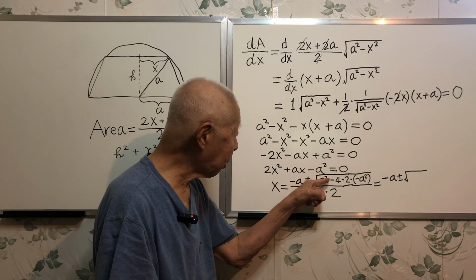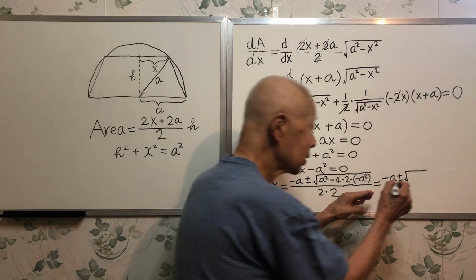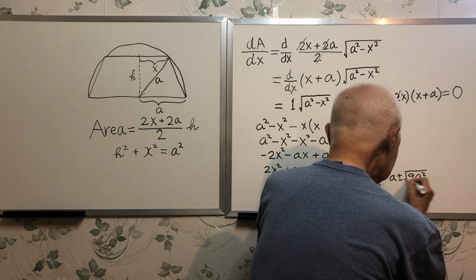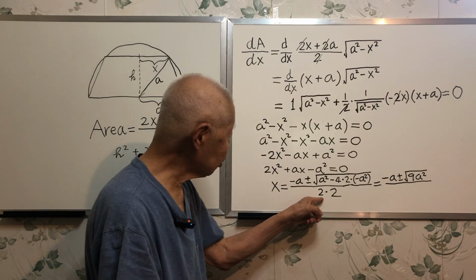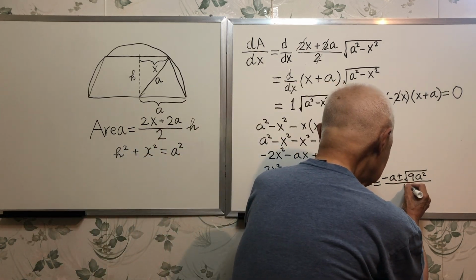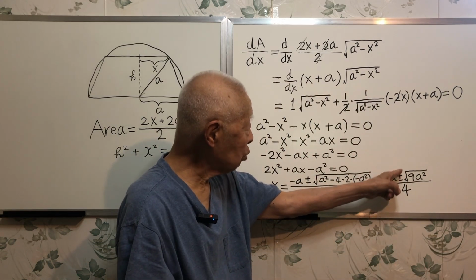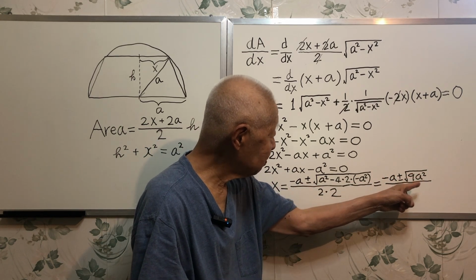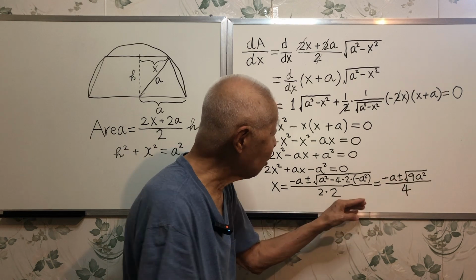So a squared plus 8a squared is 9a squared. The denominator is 2a, 2 times 2 is 4. What is the square root of 9a squared? It is 3a. So I have minus a plus minus 3a divided by 4.